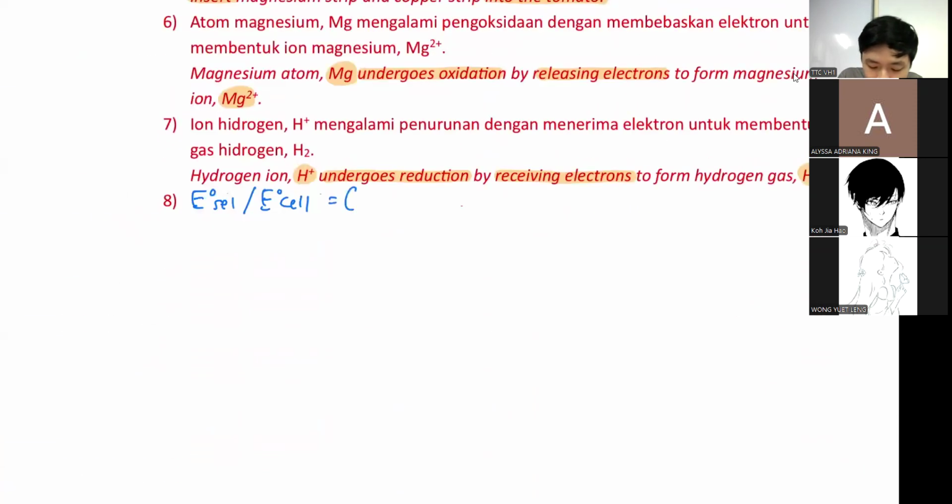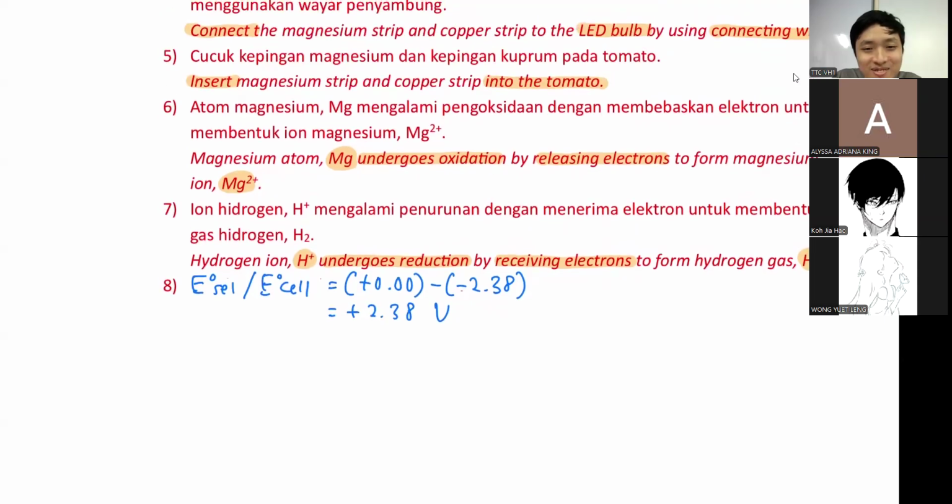You use the hydrogen one, positive 0.00 volt, minus negative 2.38. So you get positive 2.38 volts. Interesting, eh?